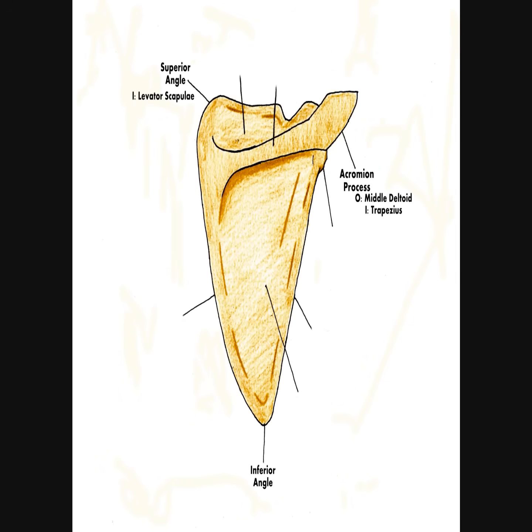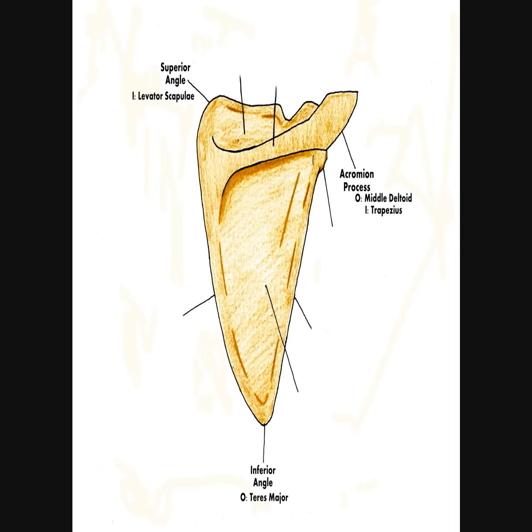This muscle sounds like a rotator cuff muscle. It is the synergist to latissimus dorsi. It extends the shoulder, medially rotates the shoulder, and adducts the shoulder. The muscle that originates on the inferior angle is teres major. Teres major originates on the inferior angle.